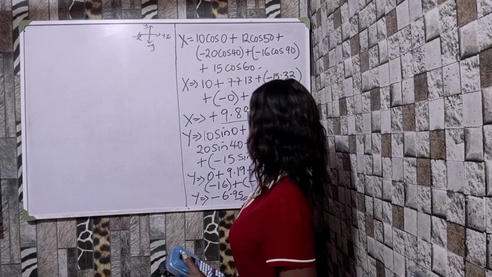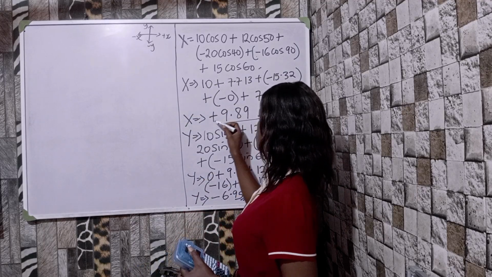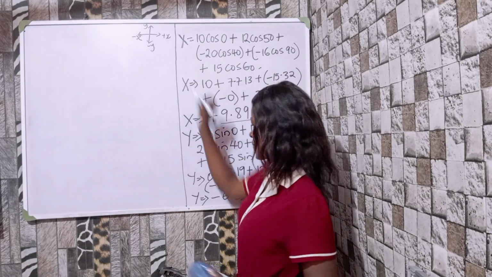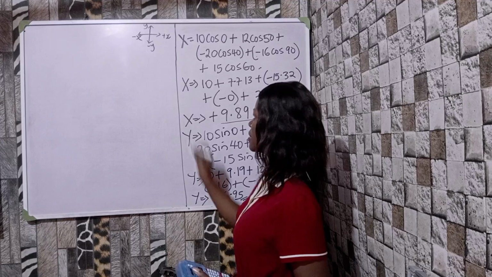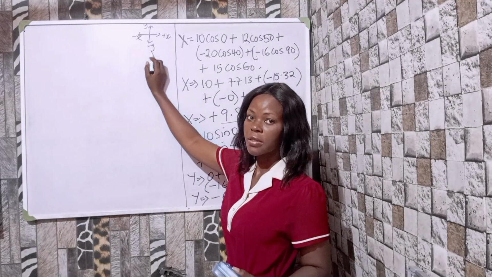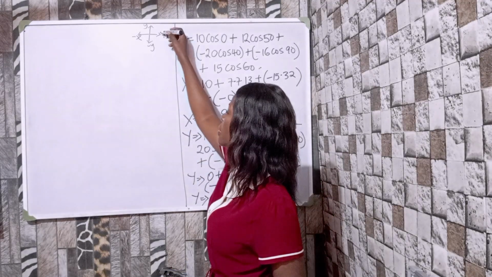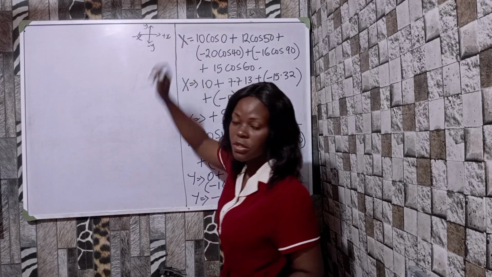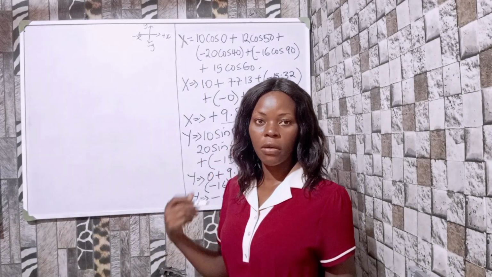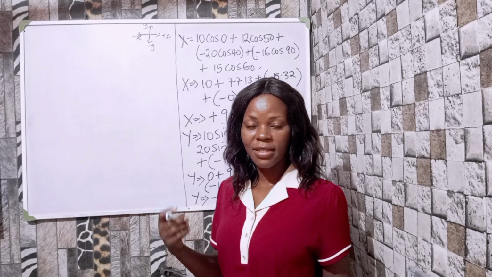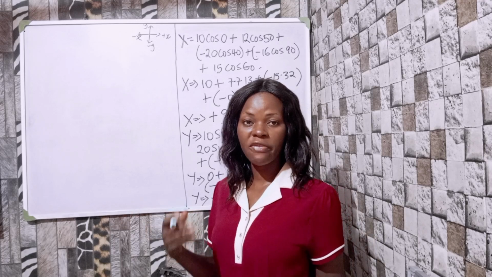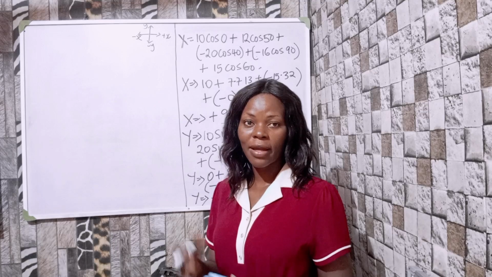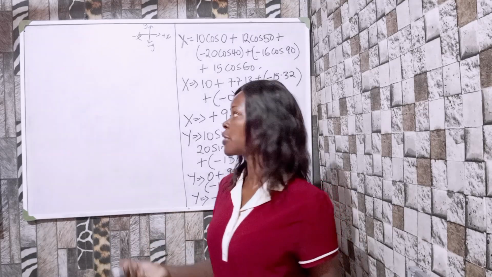We realize that this x is positive, so it is in the positive side of x. Then our y is negative, it is in the negative side of y. So we are considering this quadrant. You must consider that if your x is positive and your y is negative, to know how you can get your resultant and equally your direction.